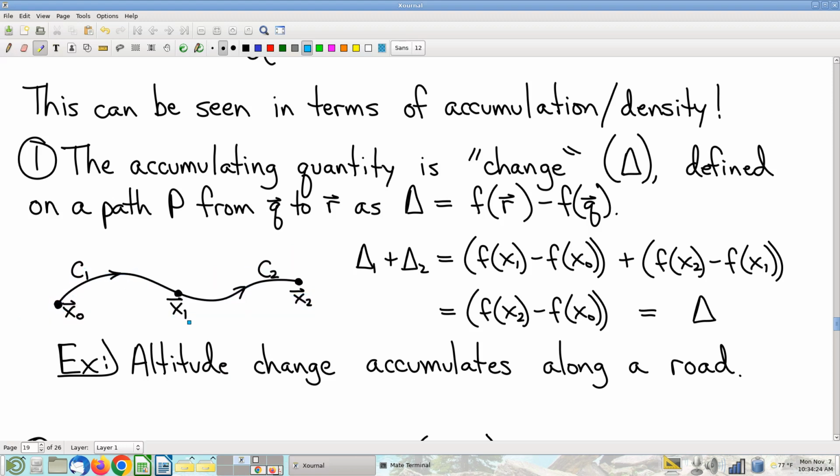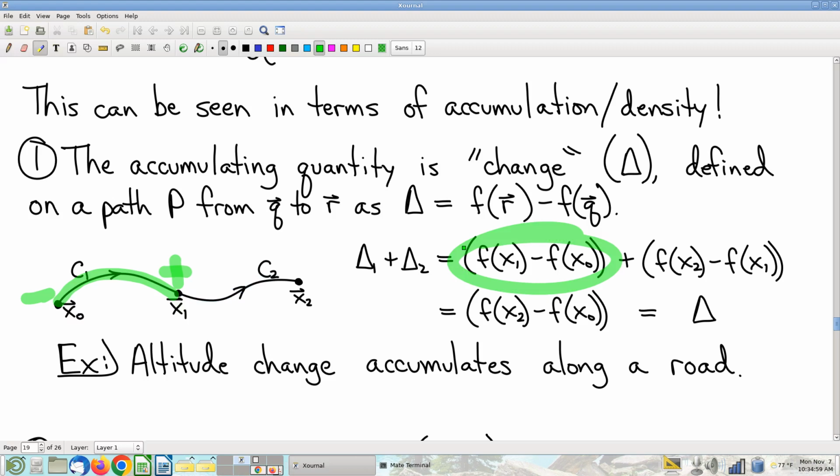Yeah, absolutely. And here's how the algebra works out. If you look at this interval here, keep in mind the formula for change: you have positive of the endpoint and then negative of the starting point. So across this first piece of curve, we'll have a positive term for the value at x1 and a negative for the value at x0.